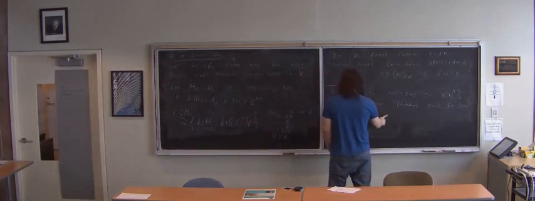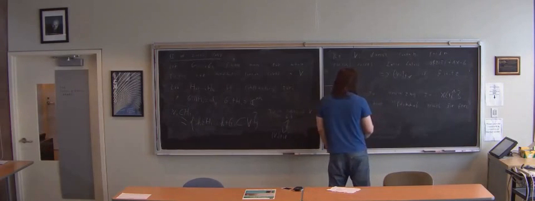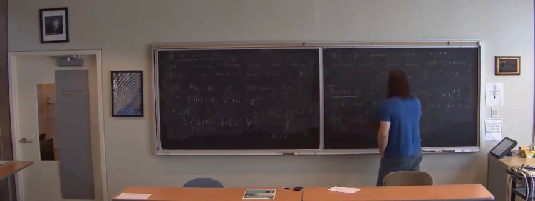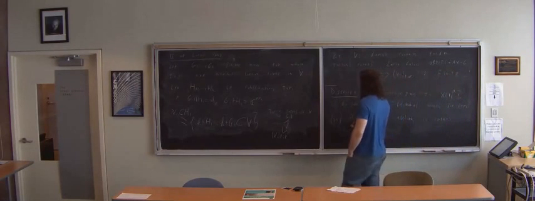Another thing that makes your life hard is that SL2R to the n is not abelian. Concretely, that's hard because it contains non-normal subgroups.